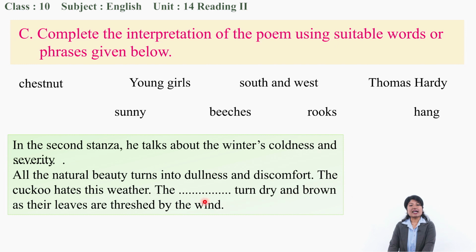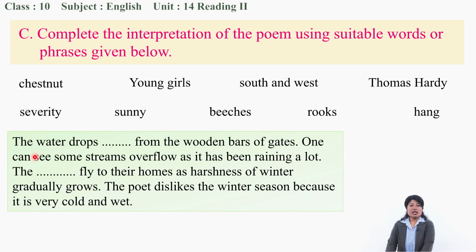The beeches turn dry. What turns dry? Yes, beeches turn dry and brown, and their leaves are dressed by the wind. The water drops. What happens to the water drops? Yes, water drops hang from the wooden bars of gates. One can see some streams overflow as it has been raining a lot.